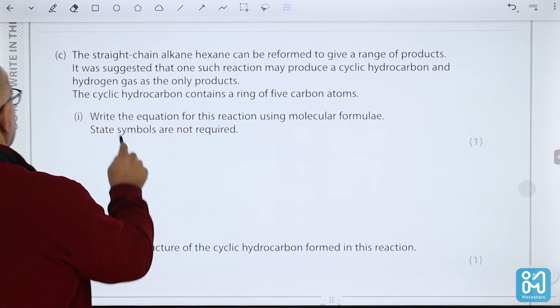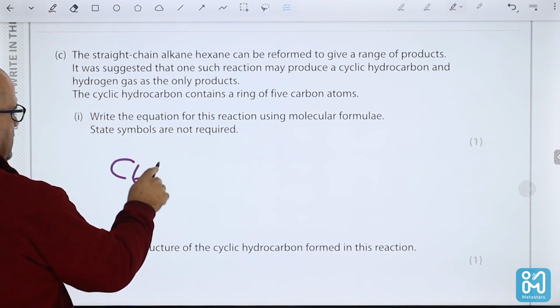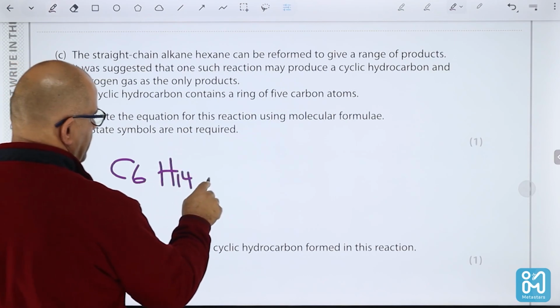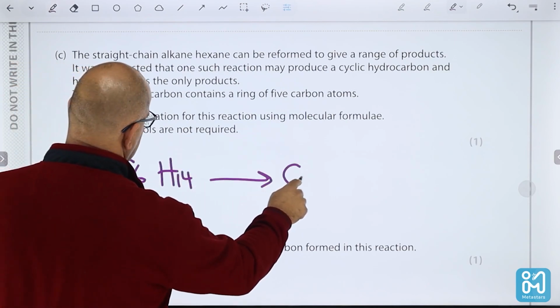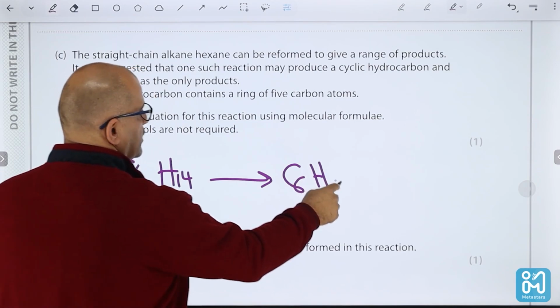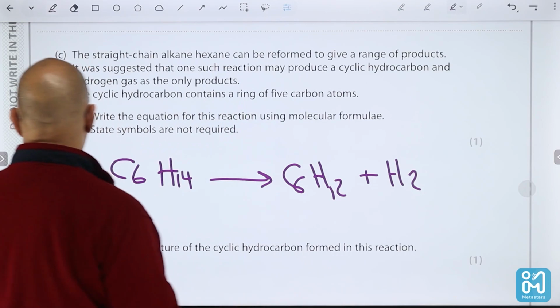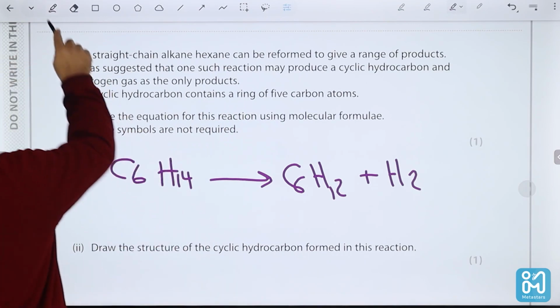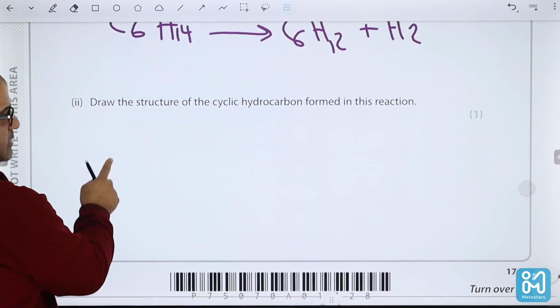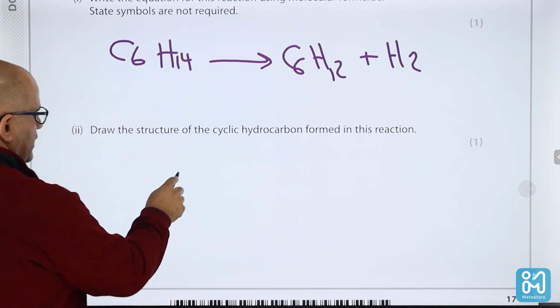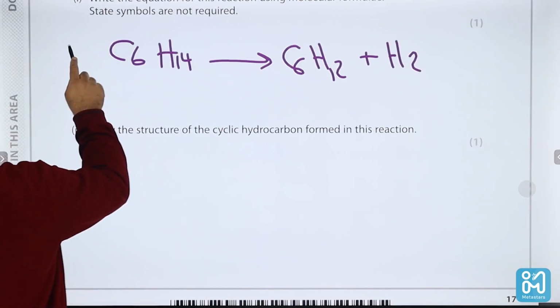So it is hexane, C6H14, which is reformed to C6H12 plus H2.